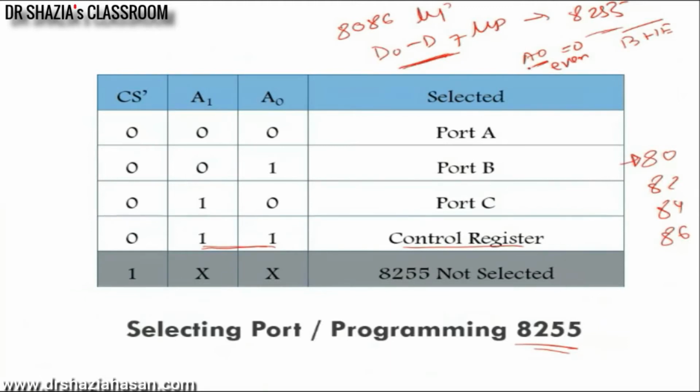That means I want to access even addresses only. So A1 and A2 of your microprocessor will be connected to these two address lines of 8255. When you are considering the even bank, A0 is by default 0. A0 has to be 0 all the time, whatever address you generate.